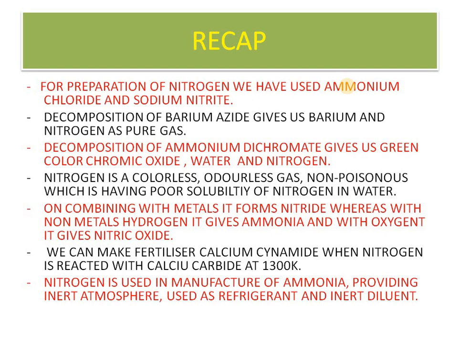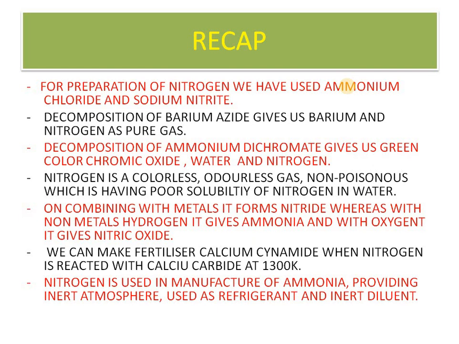So what we have discussed so far: the lab preparation of nitrogen using ammonium chloride and sodium nitrite, NaNO2. Further, we have said the best method is the barium azide method, which gives us pure nitrogen. We have also discussed that heating ammonium dichromate gives nitrogen along with water and chromic oxide, which is green in color. Then the physical properties: colorless, odorless, non-poisonous gas having poor solubility in water.